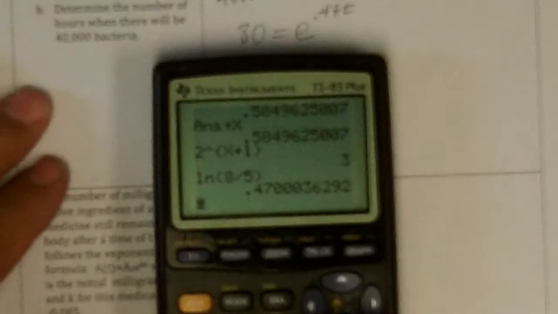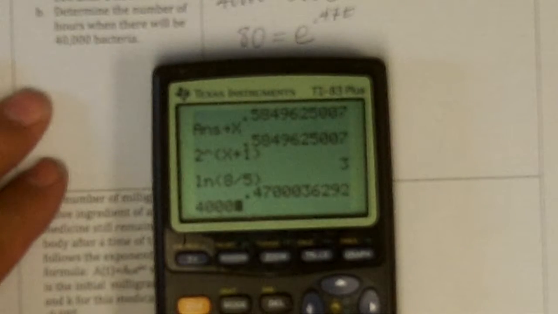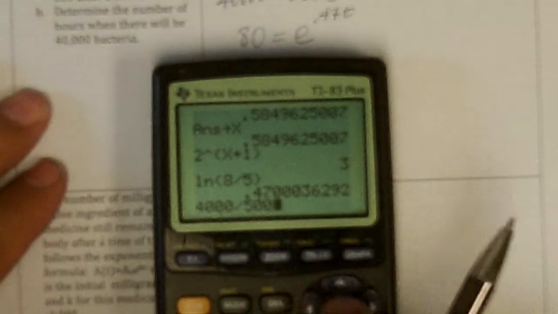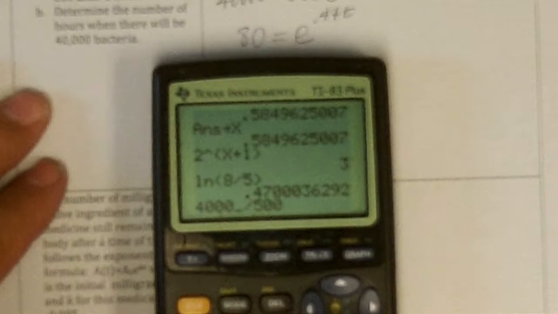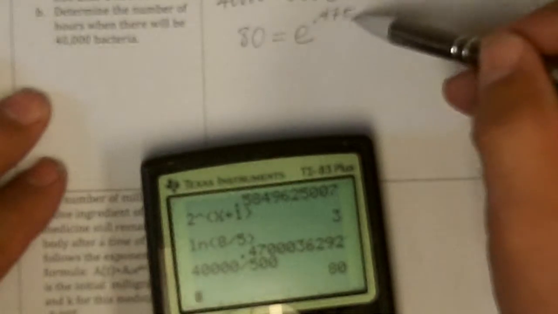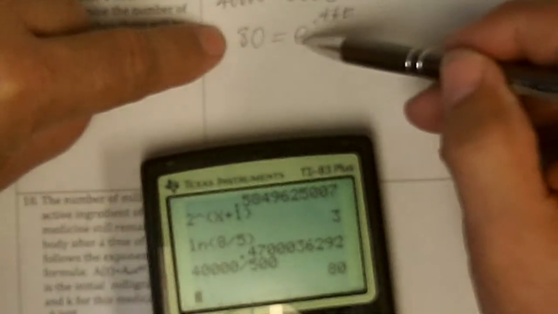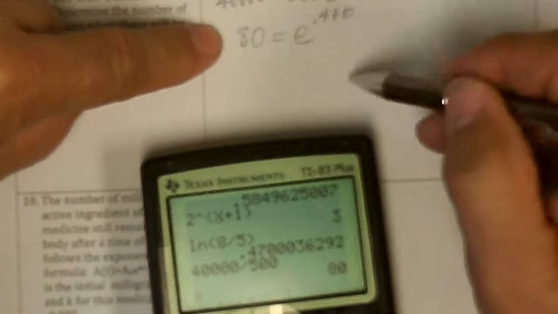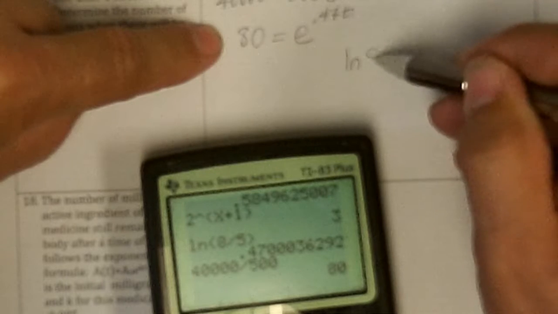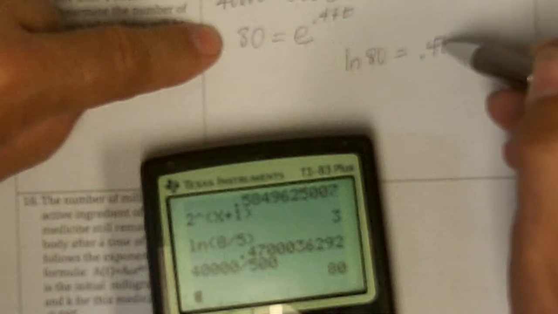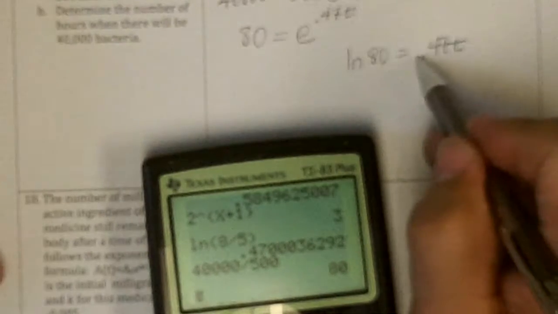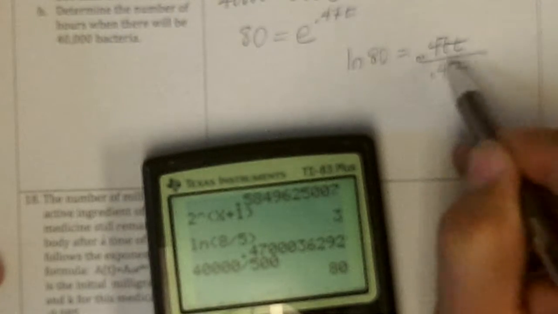Just check that real quickly. Make sure I didn't make a mistake. Divided by 500. Oh, and I didn't put 40,000. And I get 80. And so now the exponent's unknown once again, so we change it to a log, and the log is base e, so we get natural log of 80 equals 0.47 t, so I divide by 0.47.